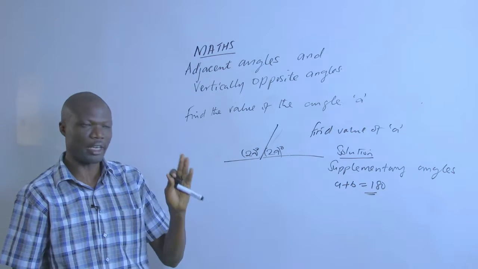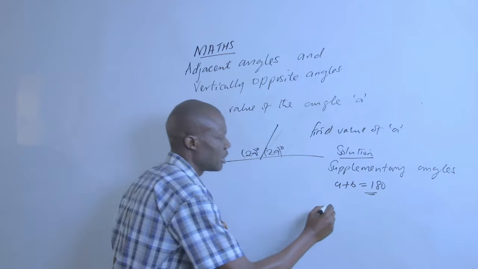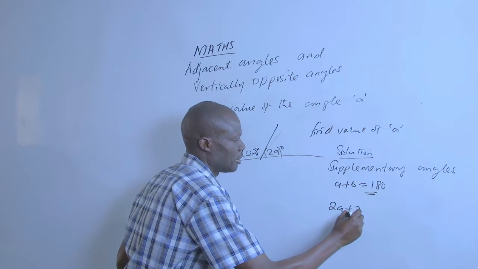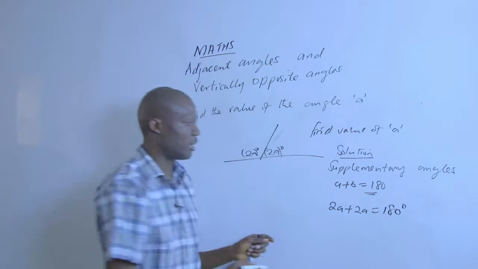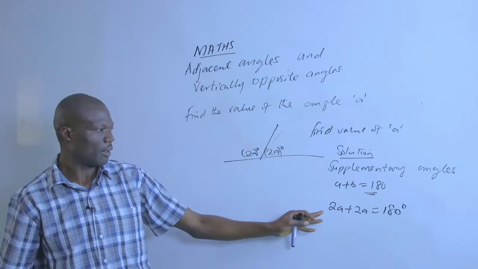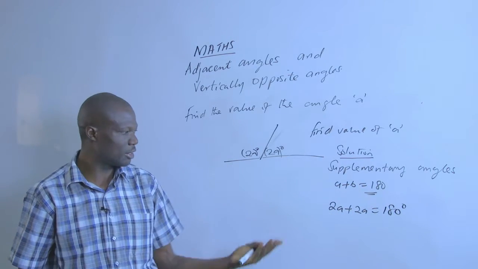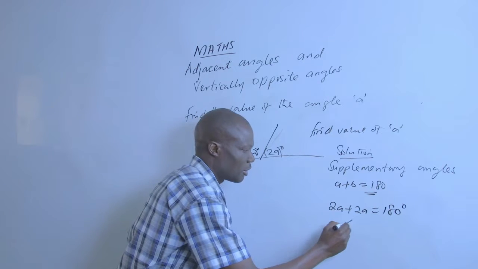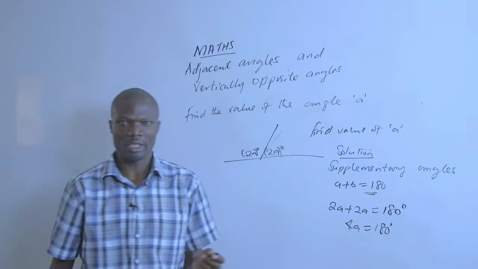For this particular case, what we have is 2A plus 2A should give us 180 degrees. Given that these are like terms, we can combine them so that we have a total of 4A giving us 180 degrees.